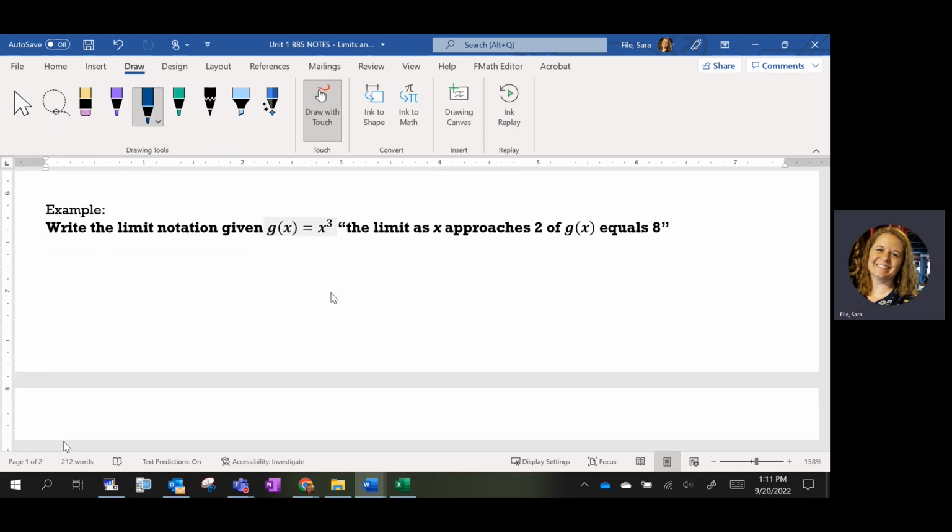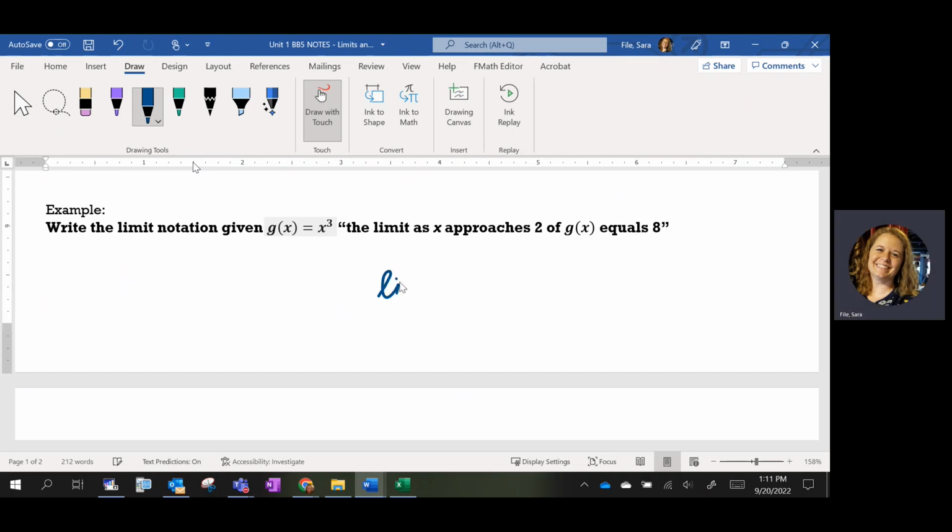In this example, they want us to write the limit notation. We have our function g of x equals x cubed. The limit as x approaches 2 of g of x equals 8. So how could I write that in limit notation? What would I put? Say it again, I didn't hear the beginning.